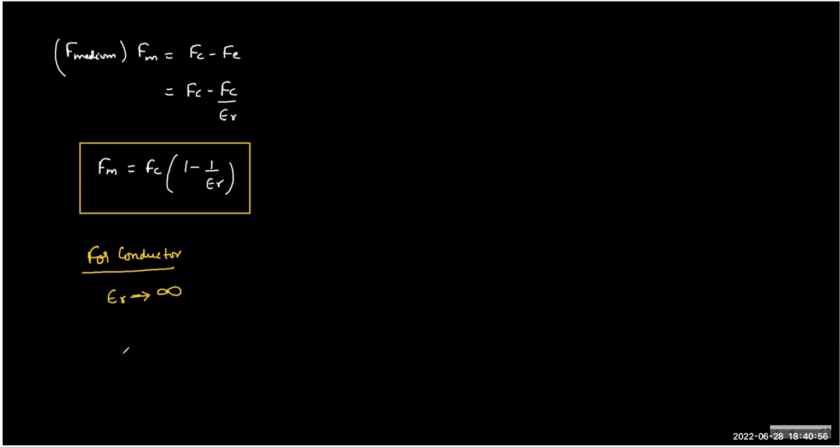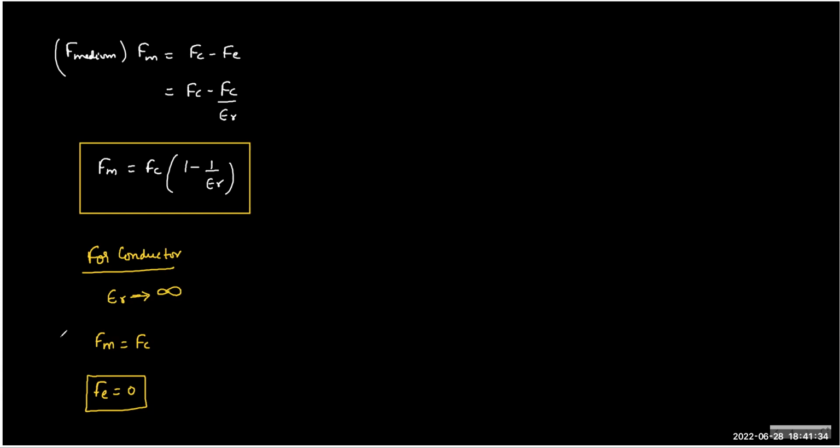So a conductor is such a medium which will have infinite permittivity, and therefore F medium will be equal to F Coulomb, and therefore the electrostatic force will be how much? 0. It means if you have two charges separated by a conductor, it will prevent the interaction. That's the meaning.